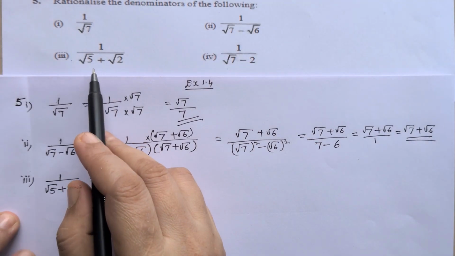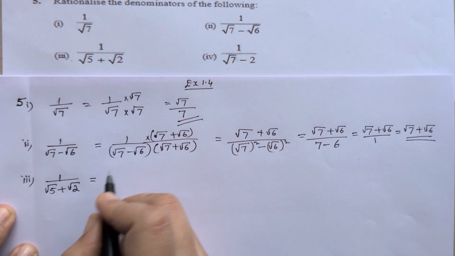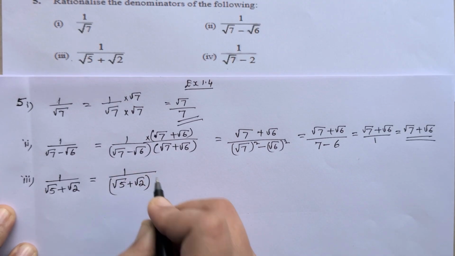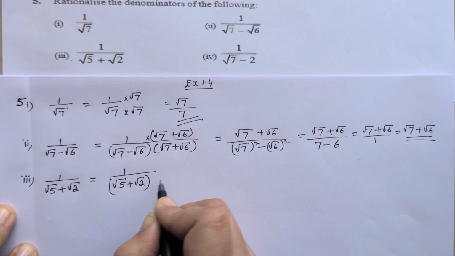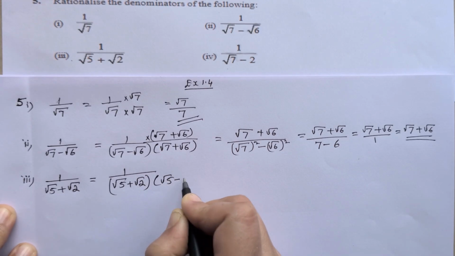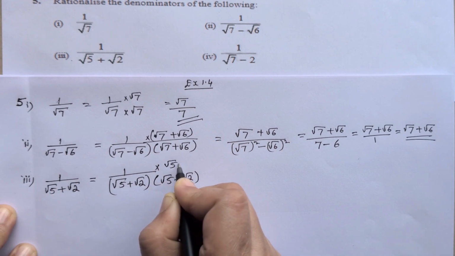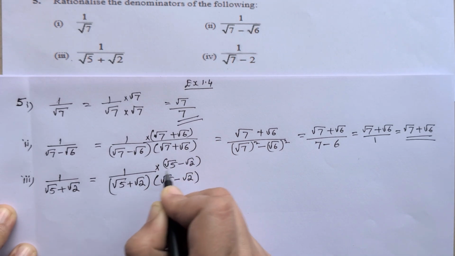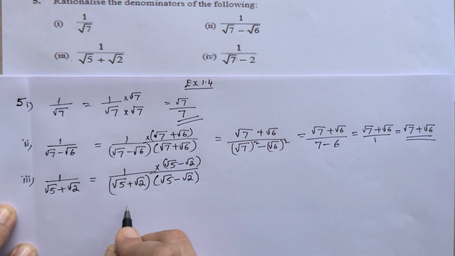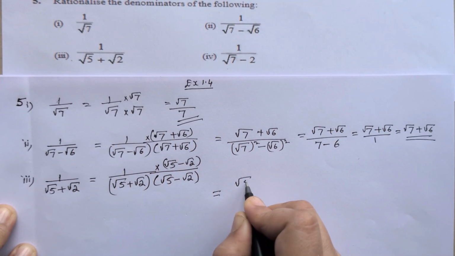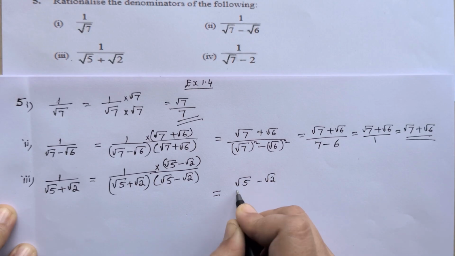Third one, 1 by (root 5 plus root 2). In the same way, we write that as 1 by (root 5 plus root 2), and we multiply with the conjugate of that, that means root 5 minus root 2, up and down. So the numerator will be root 5 minus root 2 itself.